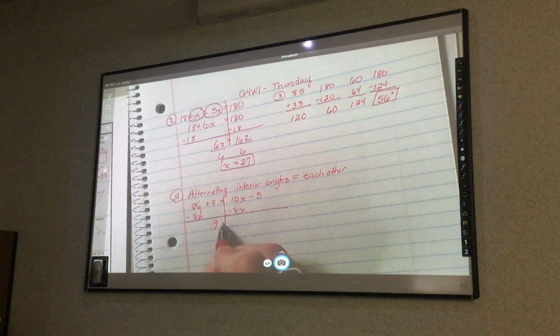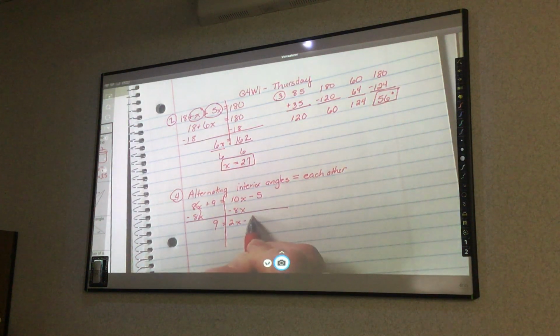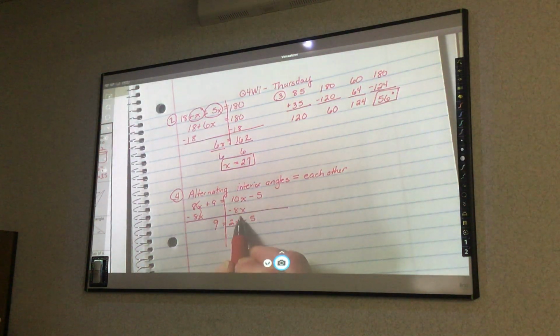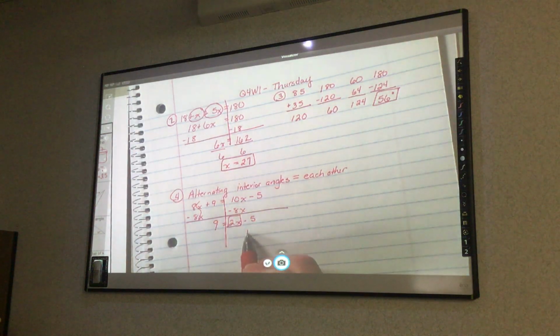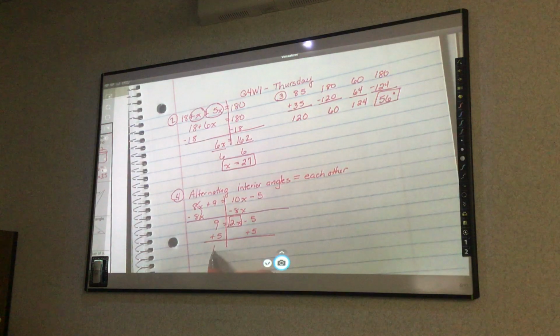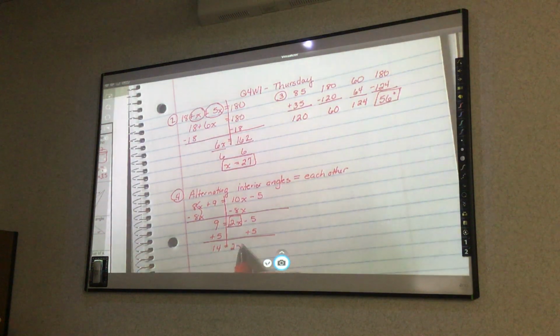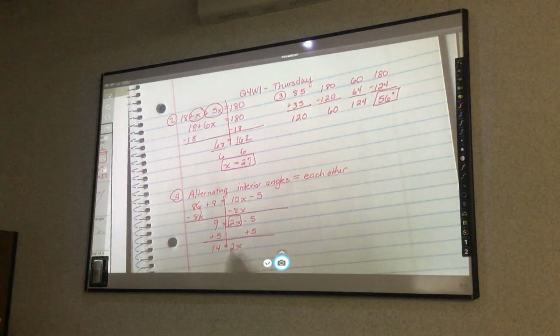So now I have 9 equals 2x minus 5. Then I'm going to box up my 2x. It's not moving. Adding 5 to both sides. So then I have 14 equals 2x. Then I divide by 2, and 7 equals x. But then I want to rewrite it as x equals 7.